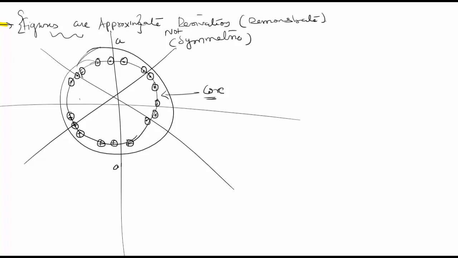If you assume the poles of the magnet to be in this position, just drawing an approximate figure, this is a south pole, and if this is a north pole, then this is my q axis and this is my magnetic axis.